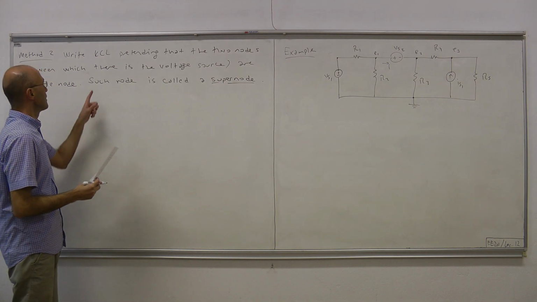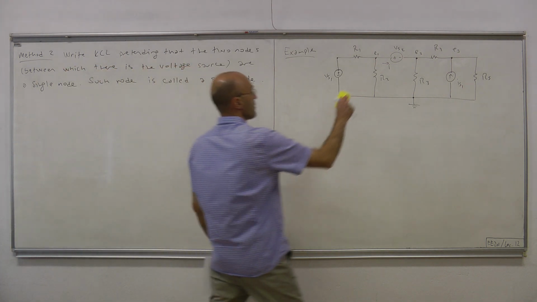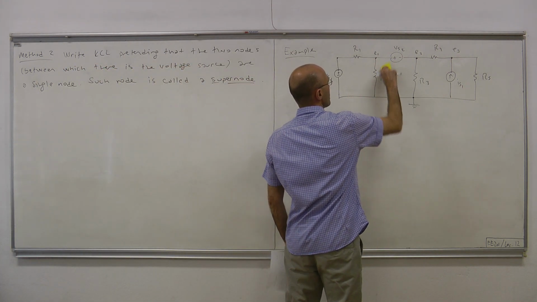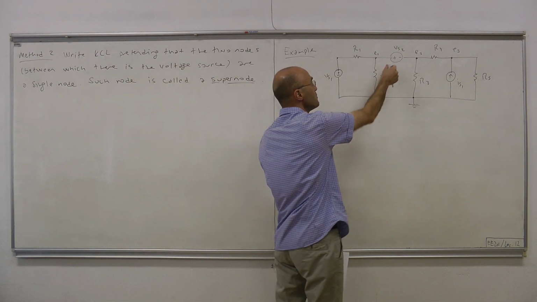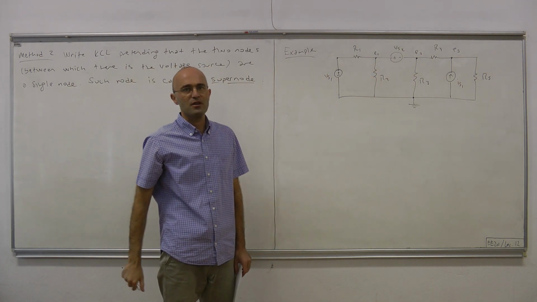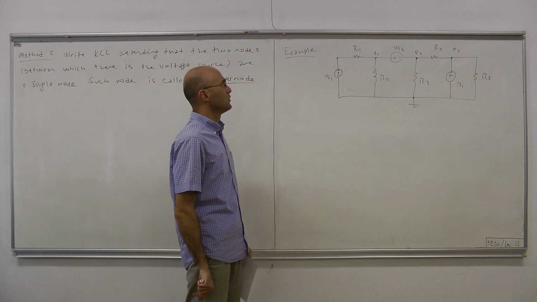Now this suggestion says the following. Forget about this current now. Here are two nodes between which there is a voltage source, and we cannot express the current through that voltage source directly in terms of the node voltages.